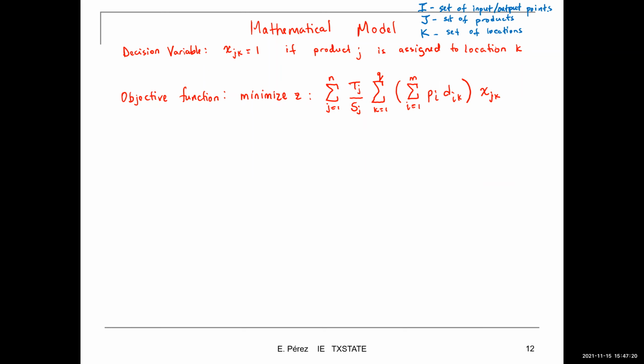And we're going to be measuring the distance from each door to the location of the product in the warehouse. So this expression is minimizing the total distance traveled.